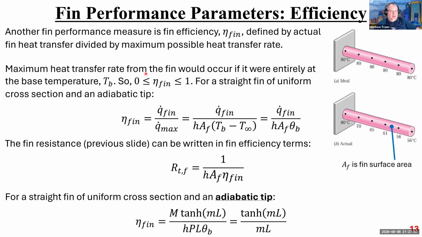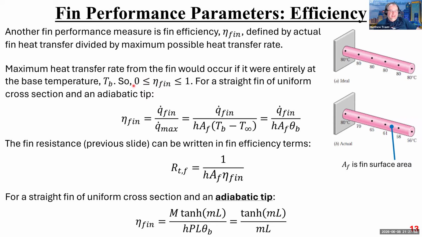So maximum heat transfer rate from the fin would occur if it were entirely at the base temperature T_B. So what you end up with is this ratio of the actual heat transfer from the fin divided by the maximum possible heat transfer from the fin, and you end up bounding this so-called fin efficiency, which is that ratio, by zero, right?